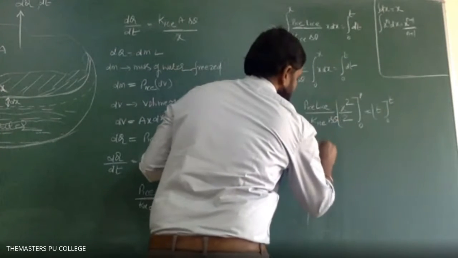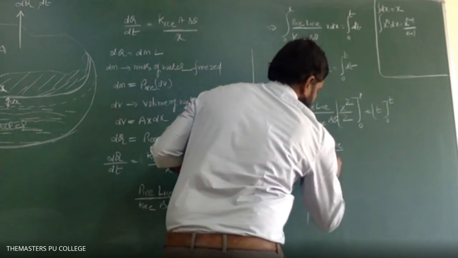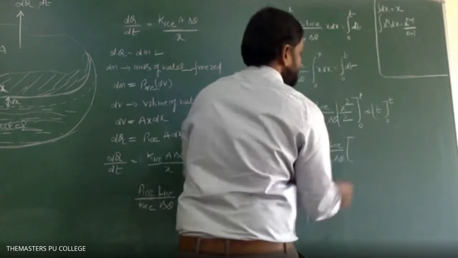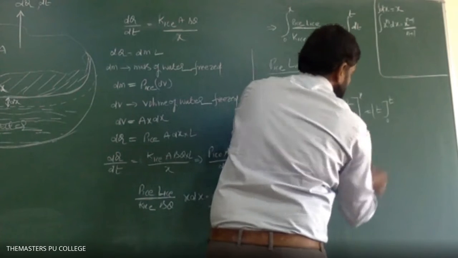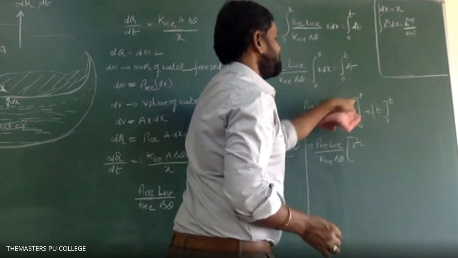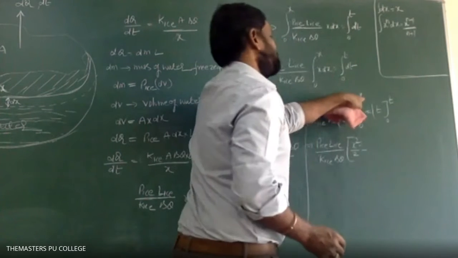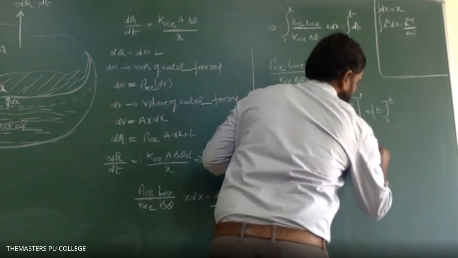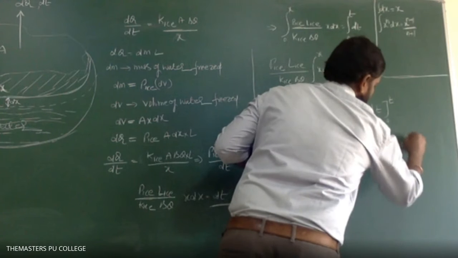Substitute the limits: density of ice into latent heat of ice divided by k into delta theta. For x squared, upper limit minus lower limit: x squared by 2 minus 0 squared by 2, equals t minus 0.